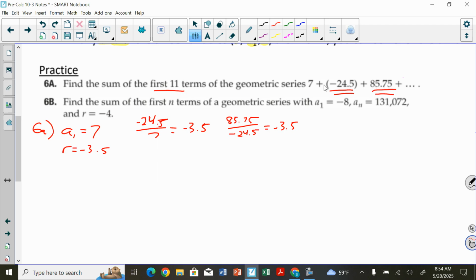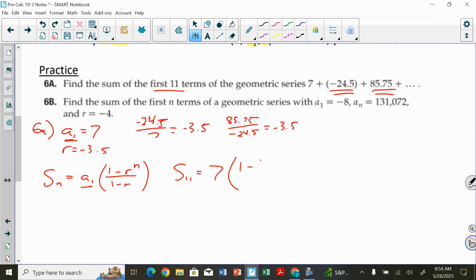Now I can use the first formula there. So I say Sn equals, what's the formula? a sub 1 times 1 minus r to the n power over 1 minus r. So do I have enough of that information? I sure do, because I'm looking at getting 11 now. So S11, the sum of the 11, equals a1, which is 7, and then in parentheses 1 minus r to the n.